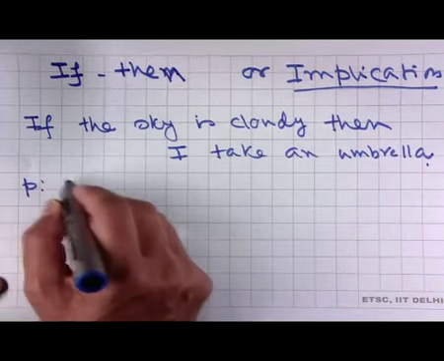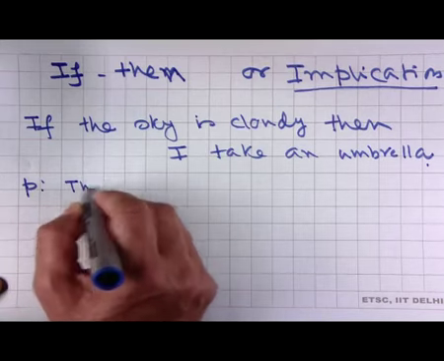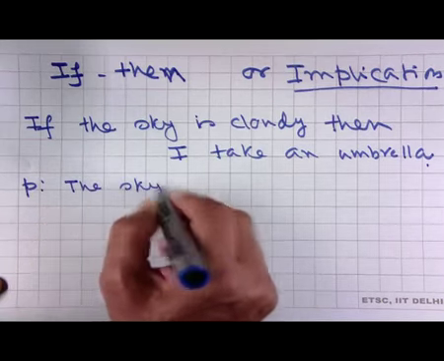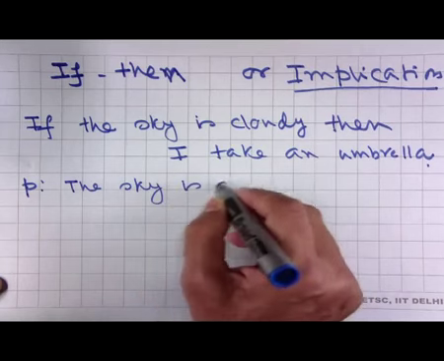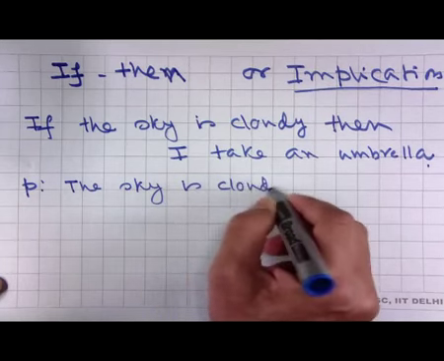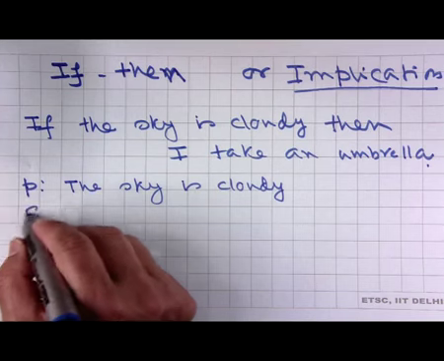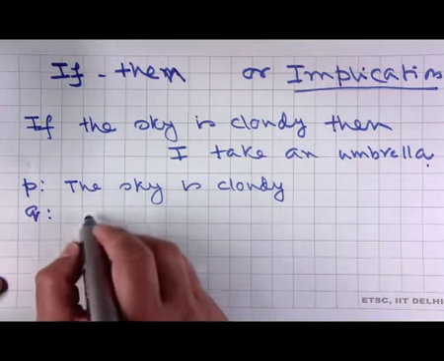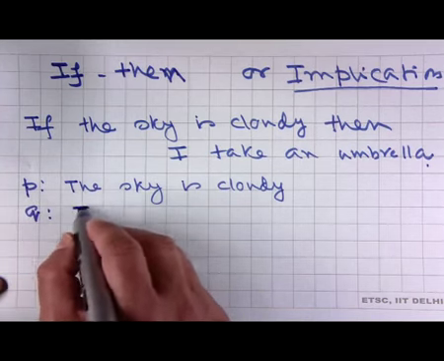Let P be the statement the sky is cloudy. And Q is the statement that I take an umbrella.